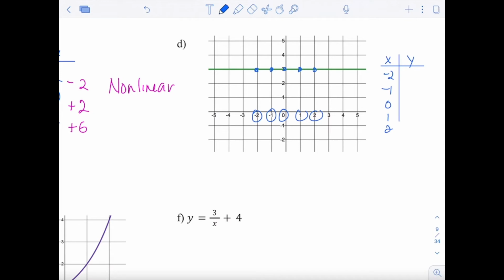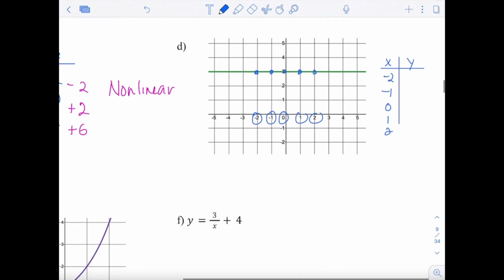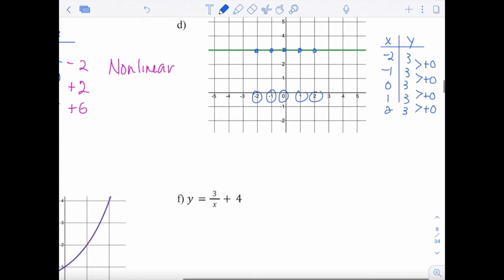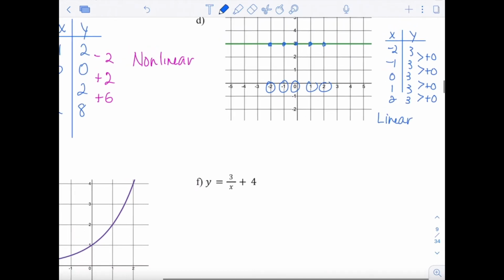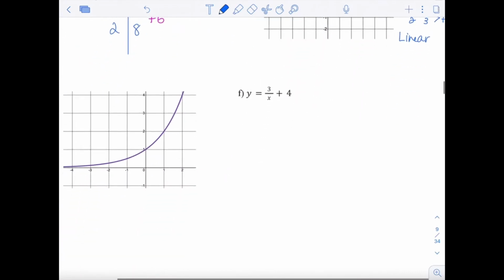And my Y value is 3 for all of them. So I can see that my differences are +0. And although it's a bit weird, it is actually technically constant, right? So because the pattern in Y is constant, this is a linear relation. It's a line. In fact, it's a flat line, a horizontal line.